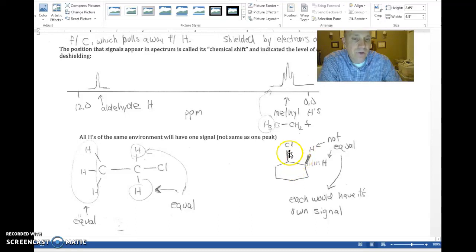This hydrogen, on the other hand, is on the opposite side of the ring. So these hydrogens would not be the exact same in terms of their chemical environment. In terms of NMR, this one does not feel the same magnetic field as this one does. So they would have 2 different signals.